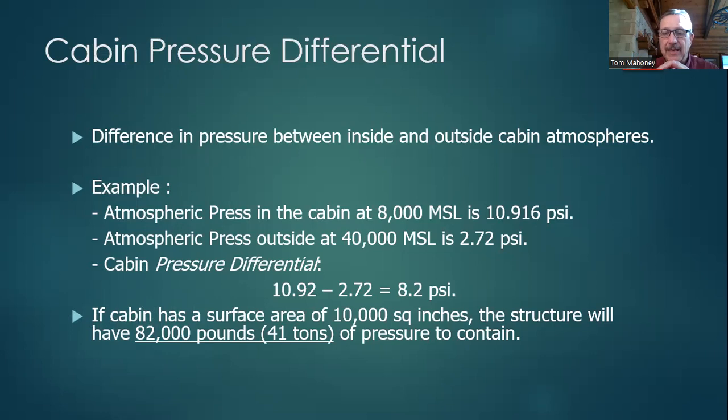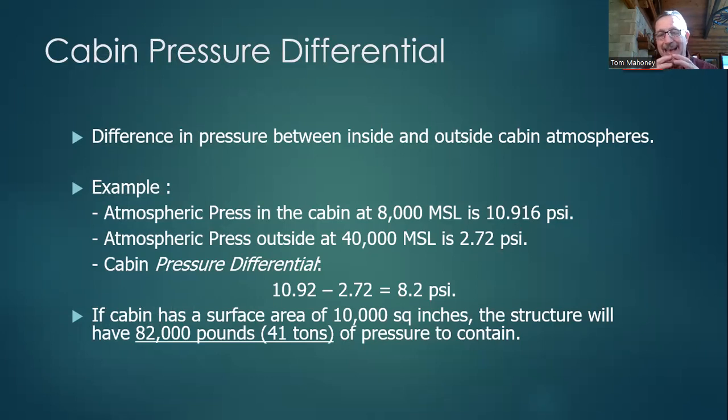So the cabin pressure is exerting 10.916 pounds per square inch against the sidewalls of the aircraft from the inside out. Atmospheric pressure outside the aircraft at 40,000 feet is 2.72 pounds per square inch, pushing in on the cockpit. The pressure differential then, of course, is 10.92 minus 2.72 equals the differential pressure of 8.2.